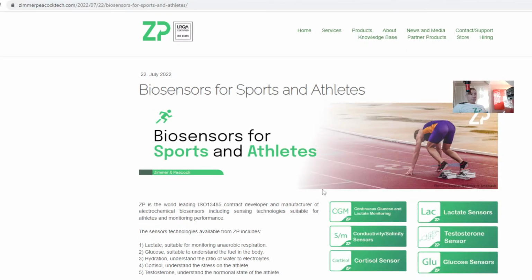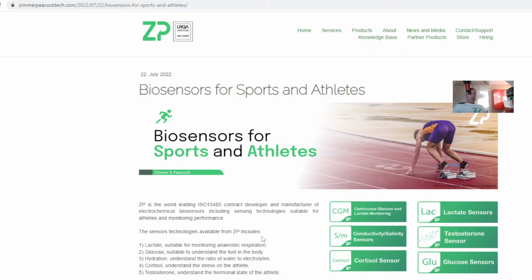It really goes along with the fact that at Zimmer and Peacock, we have a whole host of sensors for sweat analysis. We have our CGMs, our continuous glucose monitoring, which is really quite useful for measuring the fuel in the body. We have lactate, which is a good indicator of your anaerobic respiration and your stress state. Conductivity really plays into trying to determine your hydration levels.